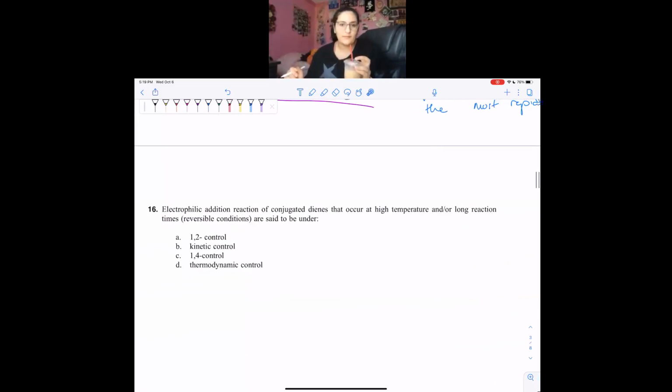So this is a related question. What's the most important part of this question? You're right, the answer is D, but why? What's the important takeaway from the question? High temps and reversible conditions. So don't forget, reversible conditions, aka equilibrium, those both mean thermo.